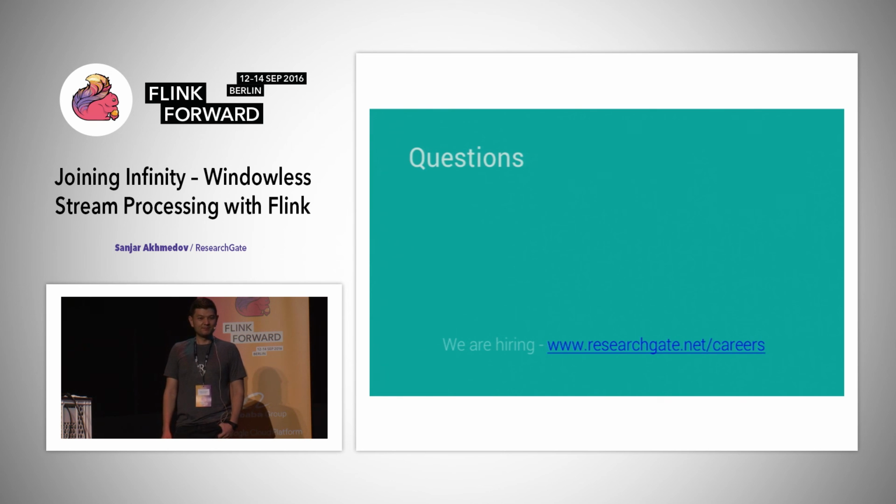Is there some primitive in the API that could have been more useful to you? Because it seems like you're doing a join extremely manually. It sounds like a symmetric hash join to me. Yeah. So in the newest version, I think the folding state is closer to what we want.